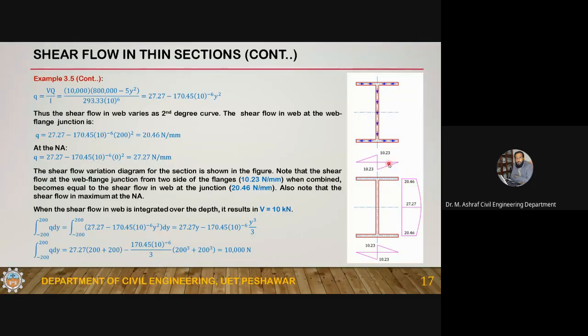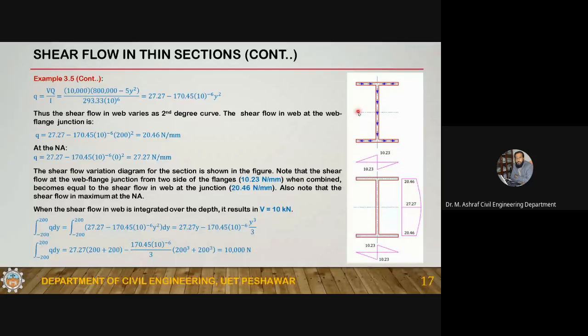So this is the diagram. In the flange you have 10.23, so I've shown it like this is the flow diagram. Flow is moving in this direction, and then in this direction. And it could be opposite.